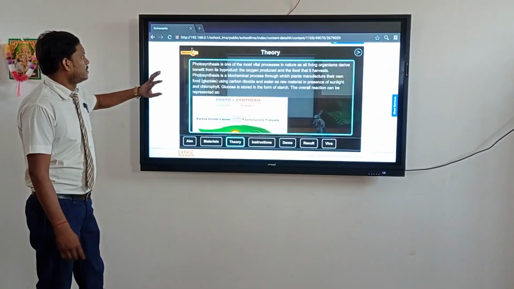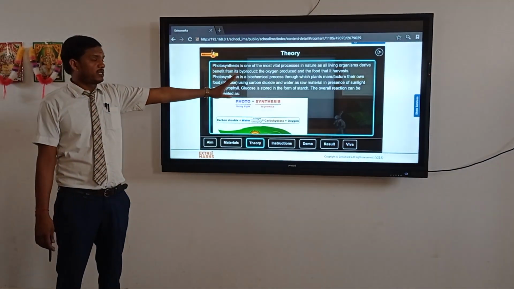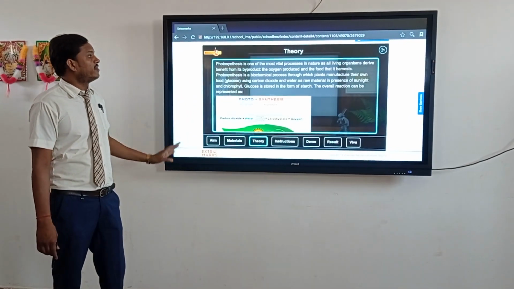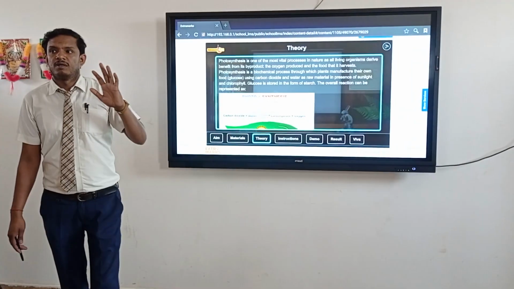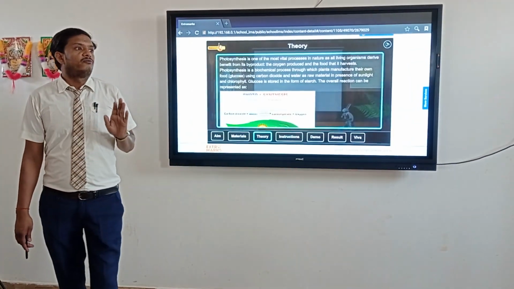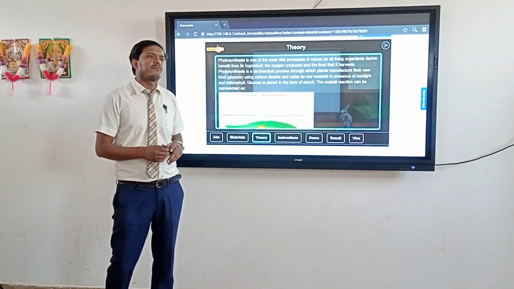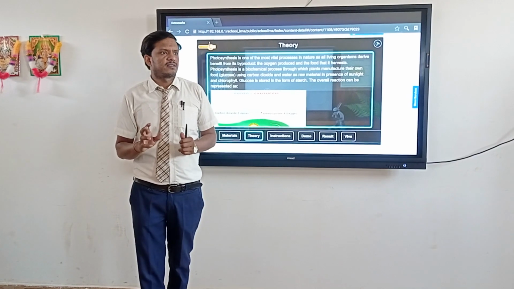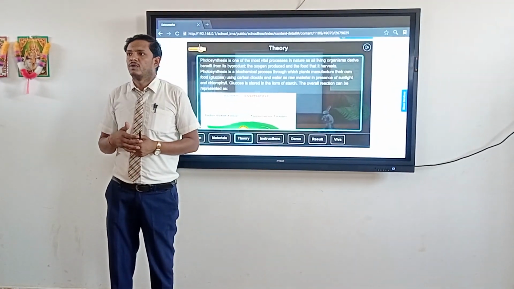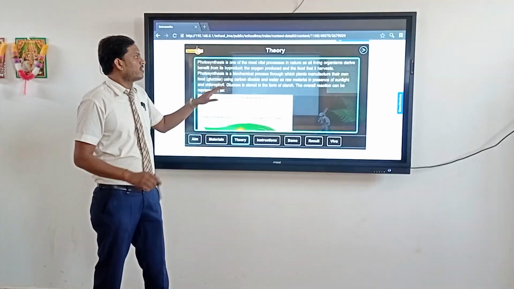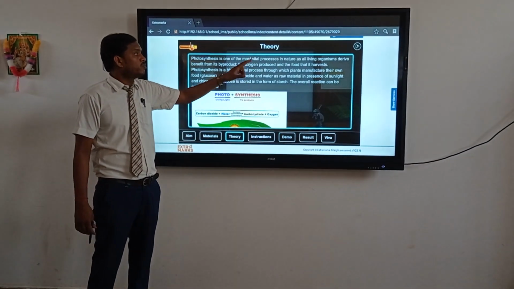So firstly, just focus here. Photosynthesis is one of the most vital processes in nature, as all living organisms derive benefit from its byproduct. What do you mean by byproduct? Whenever we perform any reaction, there will be the formation of a product or byproduct. Here the byproduct is oxygen, and the food.